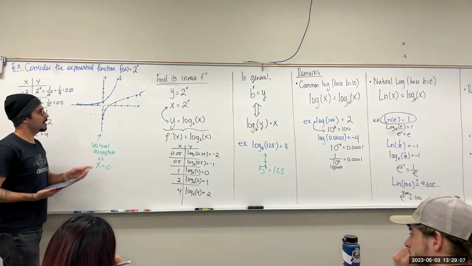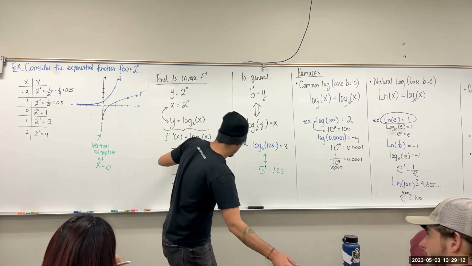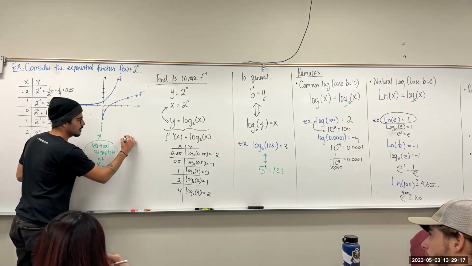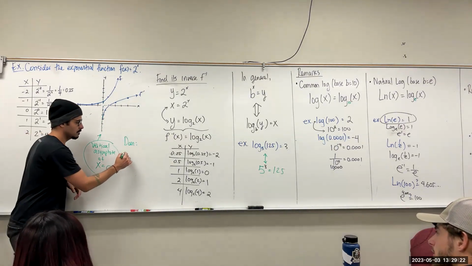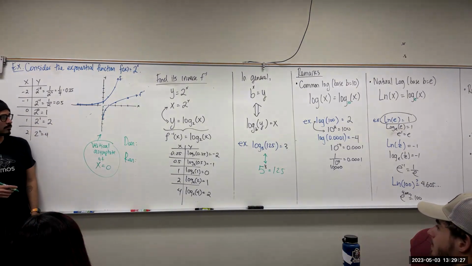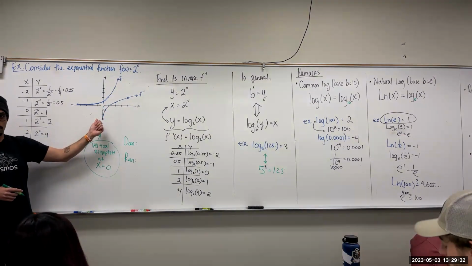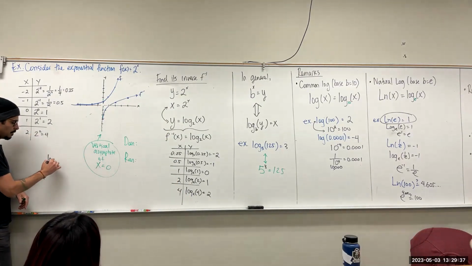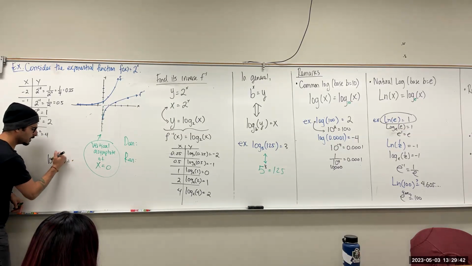What do you notice about the domain of this function, of the log base 2 function? Let's just add as much detail here. So what do you guys notice about its domain? Can it ever equal 0? Let's see, can this guy ever equal 0?